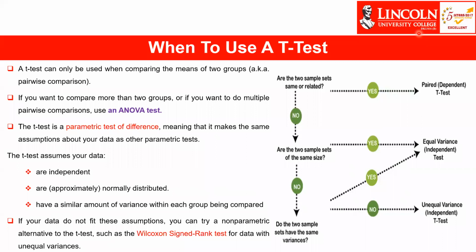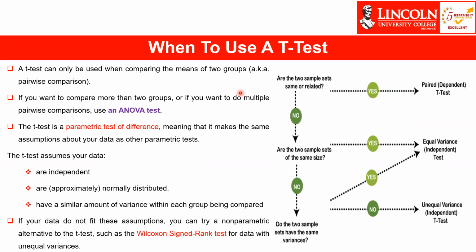The t-test is a parametric test of difference, meaning that it makes the same assumptions about your data as other parametric tests. What are these assumptions? The first one is that your data sets are independent. The second is that your data are approximately normally distributed.